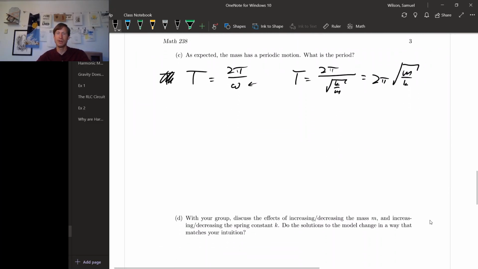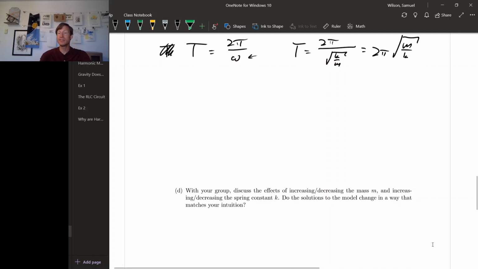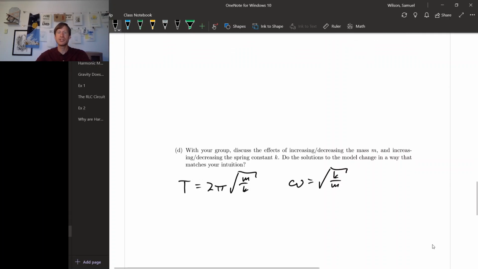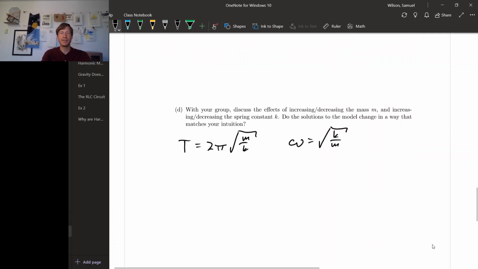Okay, so for the effect of increasing or decreasing the mass and the spring constant, we can just use this expression that we found for the period. The period is 2 pi times the square root of m over k, and omega is the square root of k over m. So let's imagine that we increase the mass, which is m.